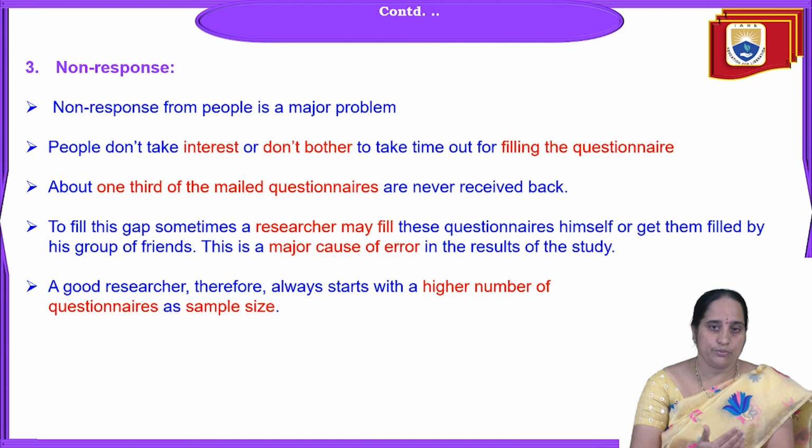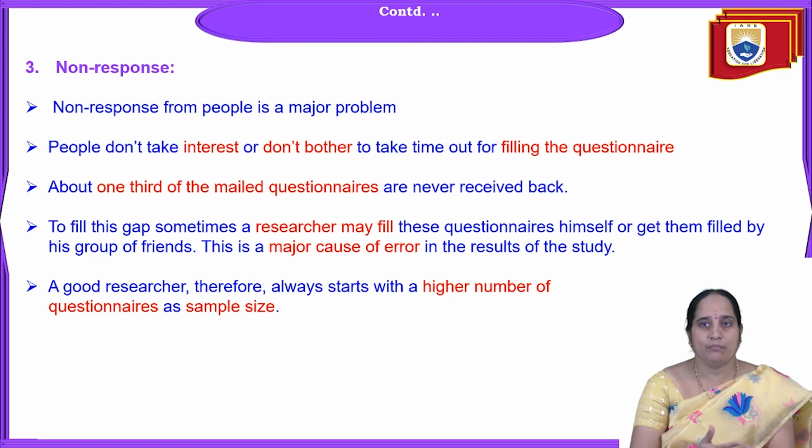Generally we get some mails regarding surveys, but only a few of the people will respond positively and take time to fill the questionnaire. So one third of the mail questionnaires are never received back.